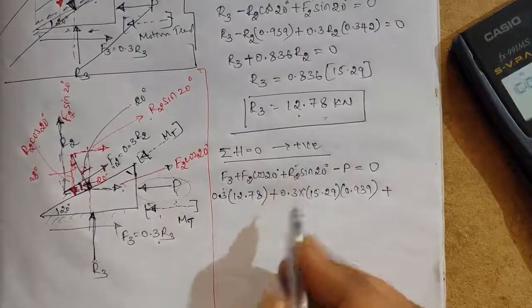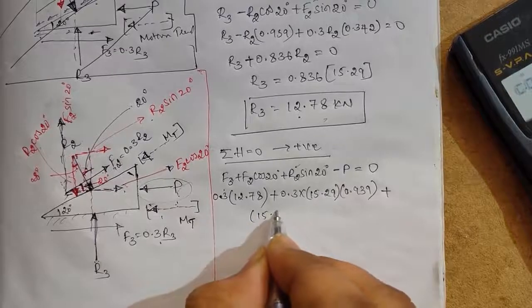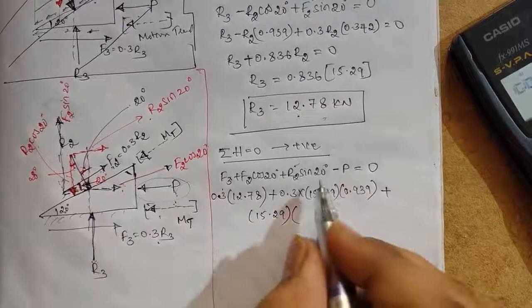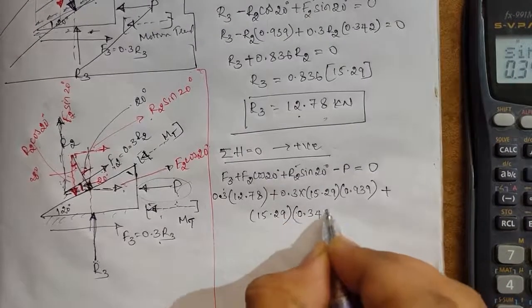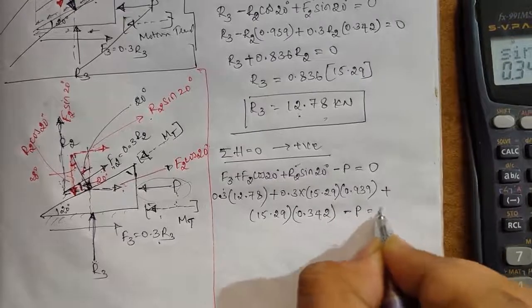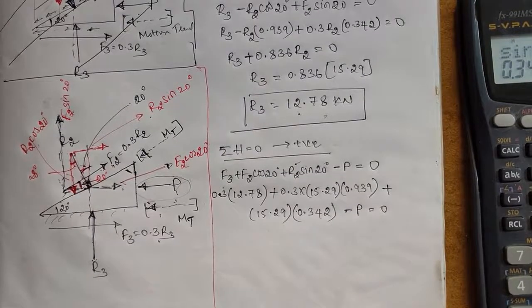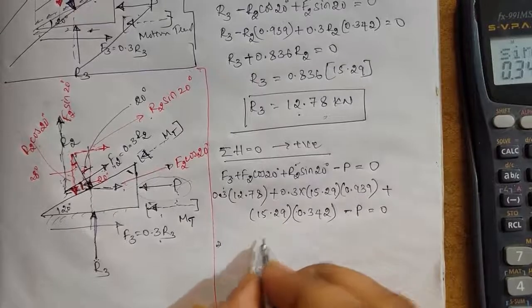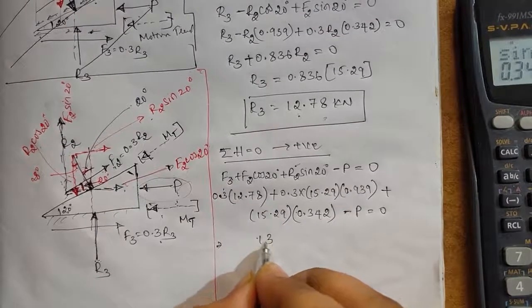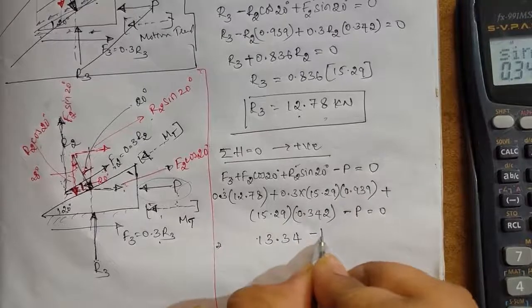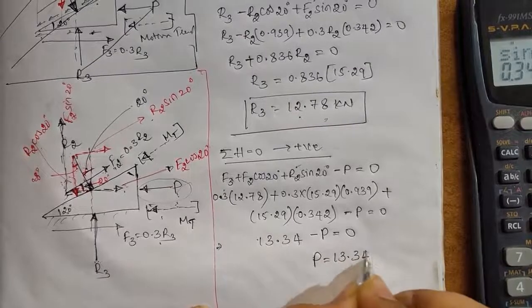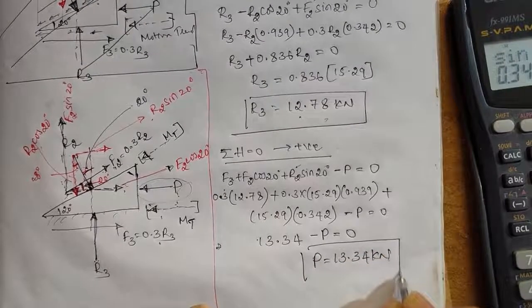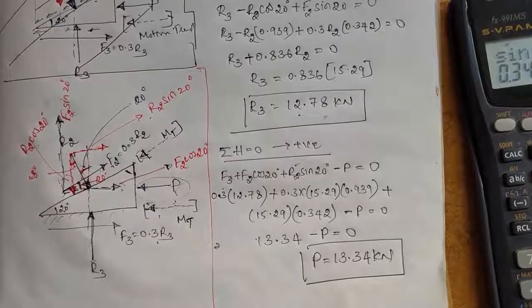Then plus this R2, 15.29 into sin 20 degree, sin 20 degree is 0.342, minus P is equal to 0. So now simplify it, you will get 13.34 minus P is equal to 0. Then P is equal to 13.34 kilonewton. So if you simplify it, you will get 13.34 kilonewton.